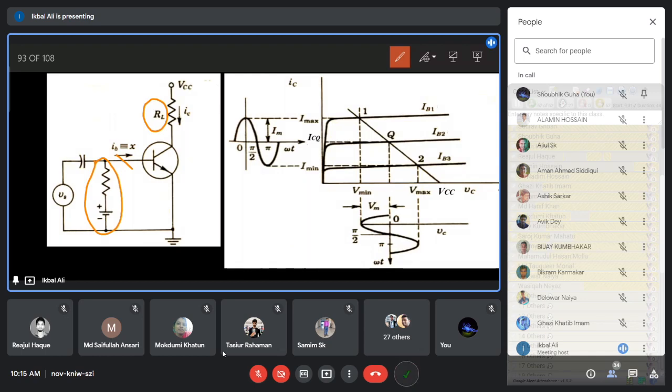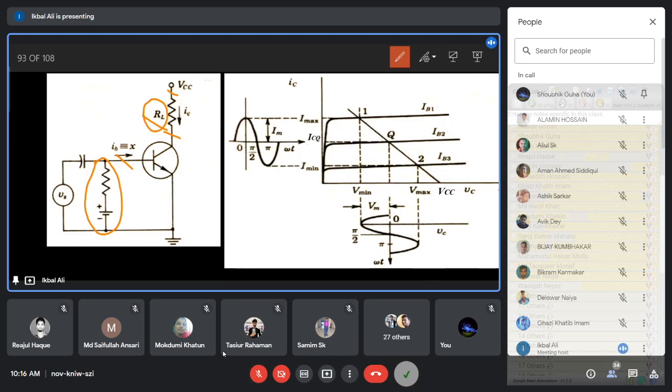So this resistance RL is the equivalent resistance of the speaker. The speaker is connected between the VCC and the collector. So this is the collector, this is the VCC, and the speaker is connected here. So instead of RC, you have the load directly connected to the collector, and it may be a speaker connected here, and this RL is the equivalent resistance of the speaker. That is why it is called direct coupled. The load is directly coupled to the collector.